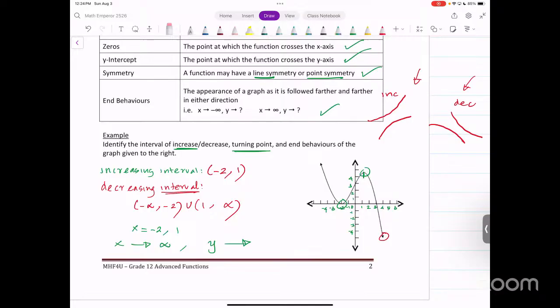When x goes to positive infinity, where does the y go to on the graph? When x goes to positive infinity, it means when this line is being extended further, where does the y go to?